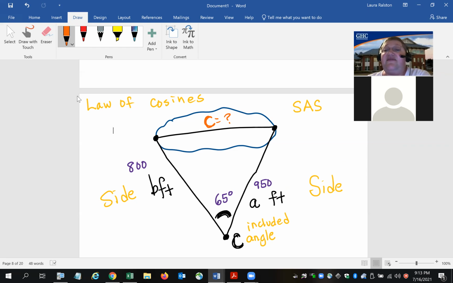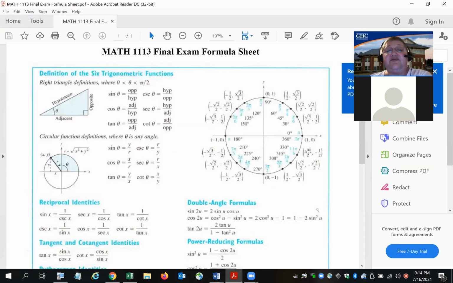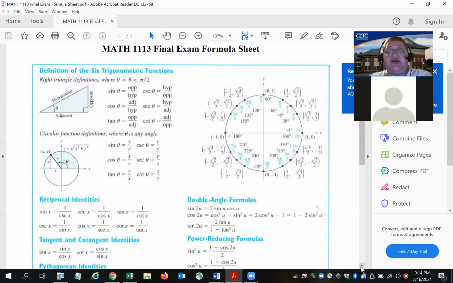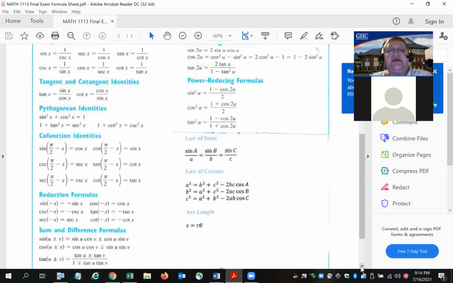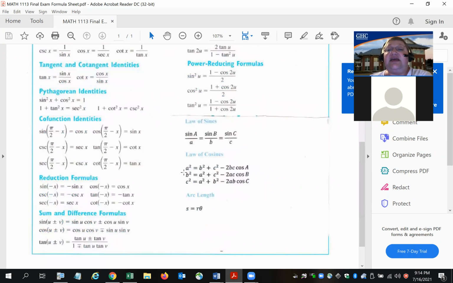But I don't have enough information to complete any of the ratios in the law of sines, so I have to use law of cosines. When you look at law of cosines, and I'm fairly certain it's on this formula sheet, let me see. Yes, law of cosines, they give you three different formulas based upon which side you're trying to solve for. I need the one to solve for side C. So I'm writing my formula down.